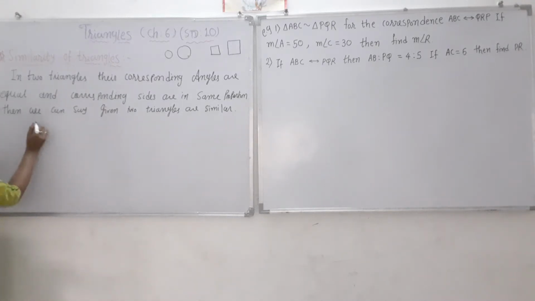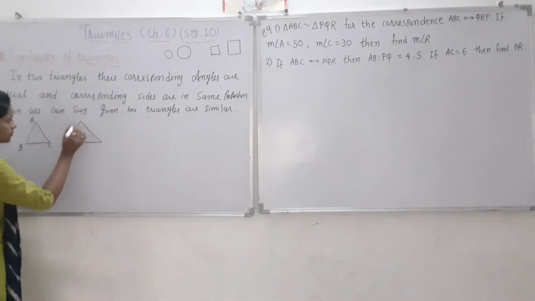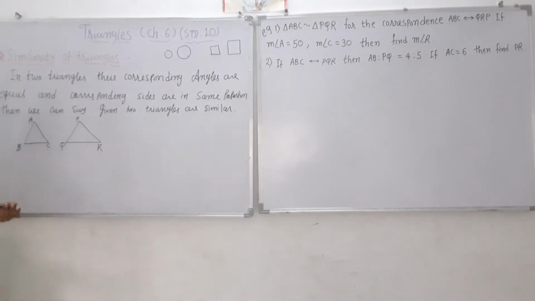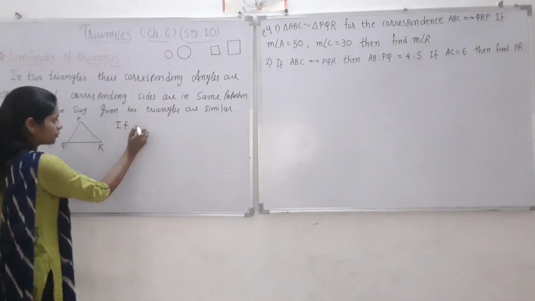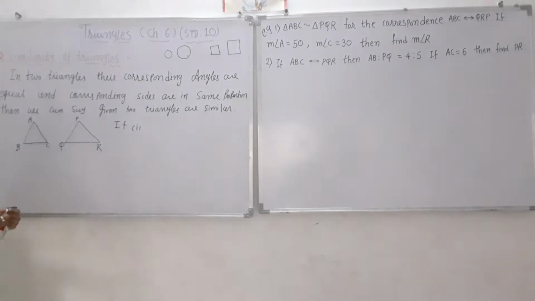You have one triangle ABC and another triangle PQR. If you want to say these two triangles are similar, how can you say so? The first condition is that corresponding angles are equal.